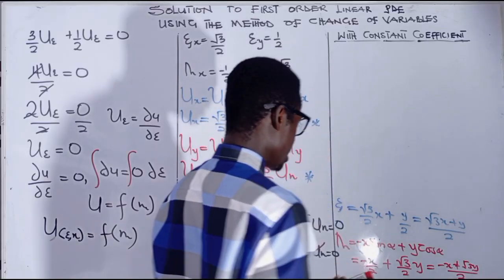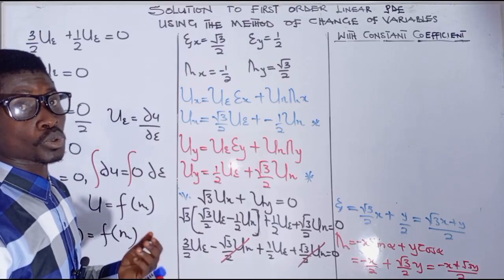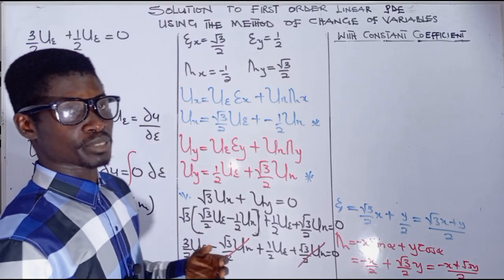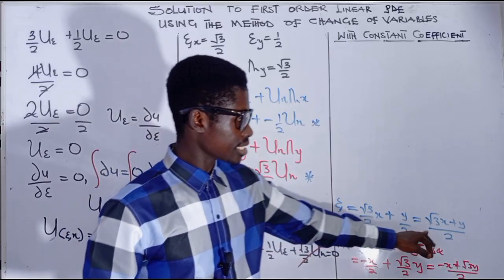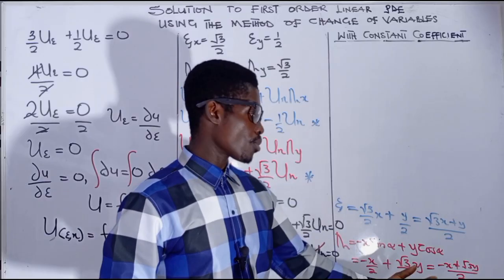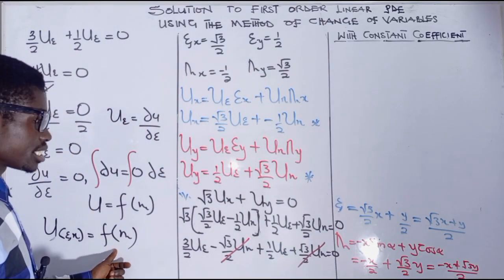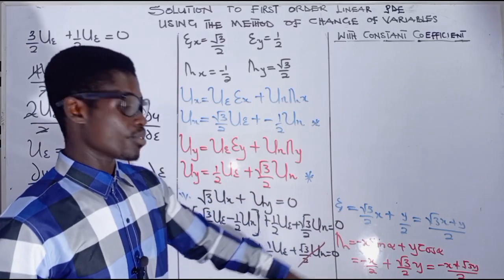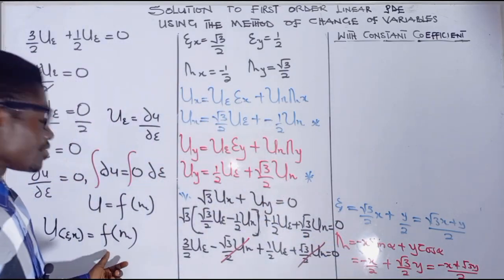So how do we change ξ and η to x and y? Remember that we gave an expression for ξ and then an expression for η. So we said that ξ is given as this and the η is also given as that. So it means that wherever we see ξ and then η in the general solution, we replace them with this. Wherever we see η, we plug in this in the general solution.